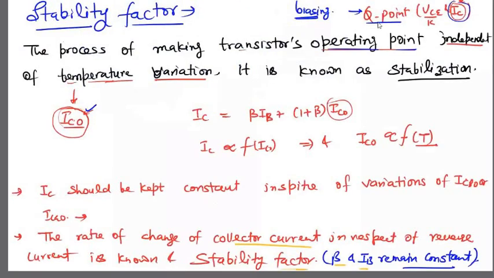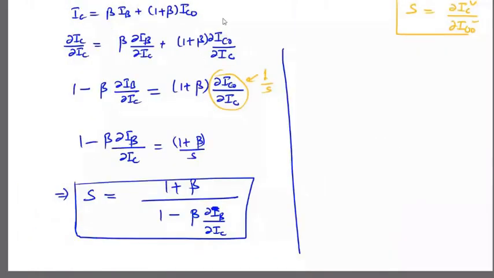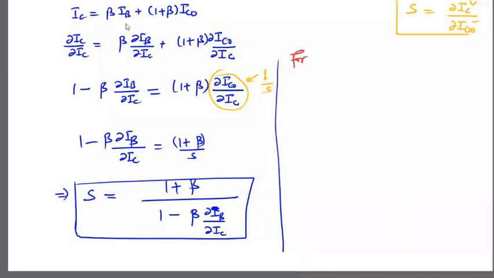So for fixed bias, if I define the stability factor, can you calculate it? 1 minus beta del IB over del IC.